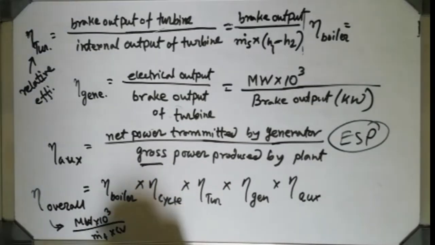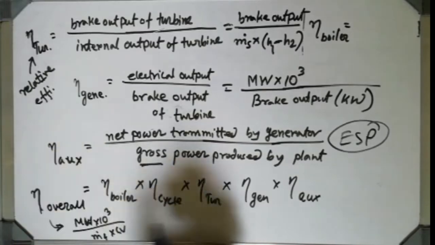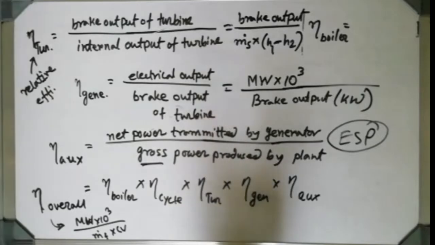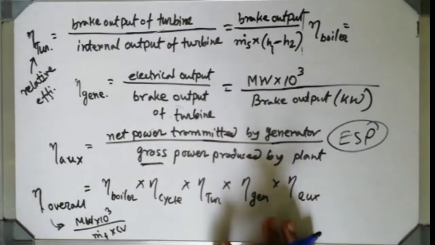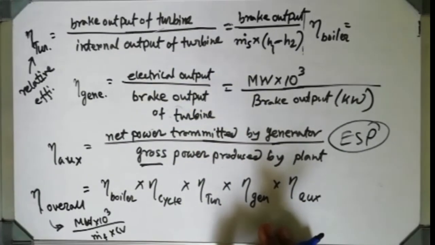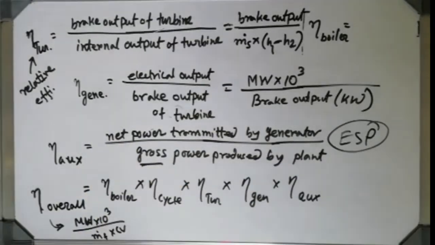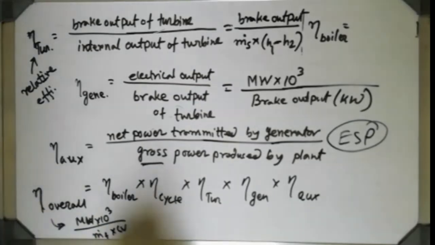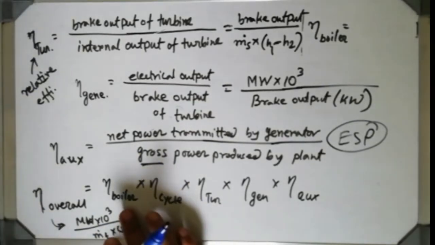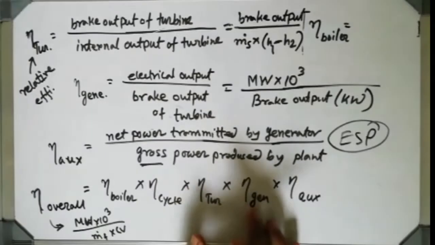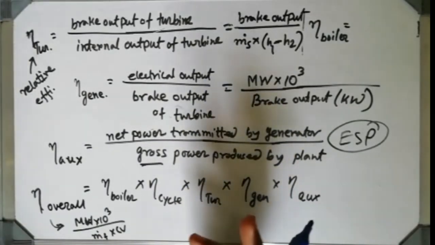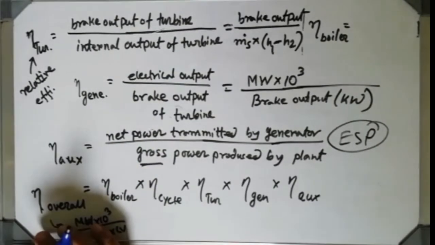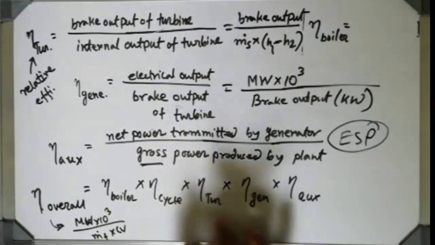If you put all these expressions one by one and multiply them, you will see some parts will be cancelled and only this part will be left over. So if these efficiencies are given in the problem, or if you have to find some of them, you can find the overall efficiency after putting all those values.